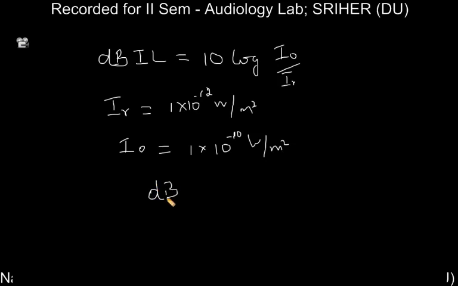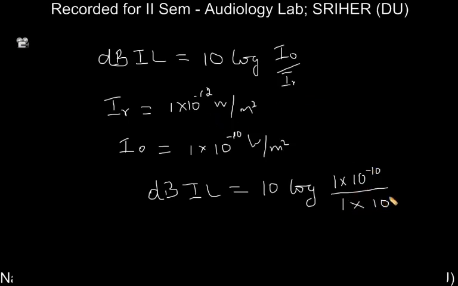So decibel intensity level is equal to 10 log I0. I0 is 10 to the power minus 10 watt per meter square divided by the reference intensity. So reference intensity is 10 to the power minus 12.